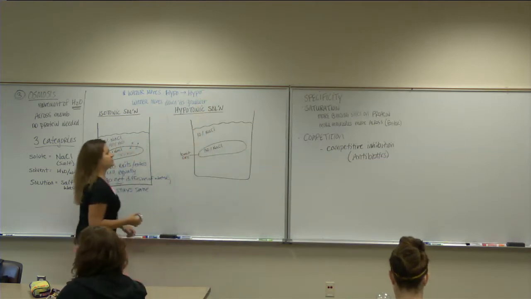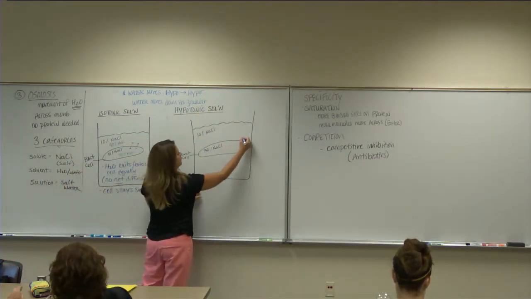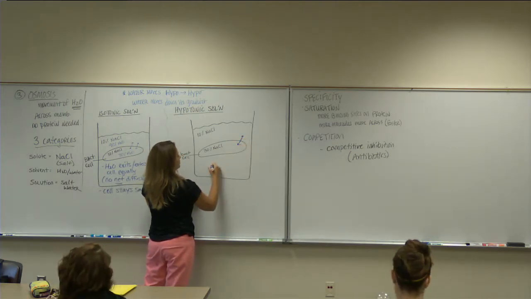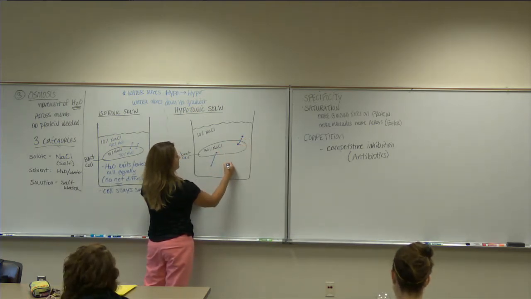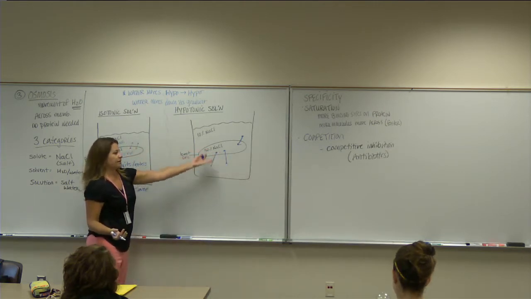You can also say water moves down its own gradient, in the sense that we already said water is going to move into the cell, right? Because it's going from hypo to hypertonic. All this salt is going to bring more water in.